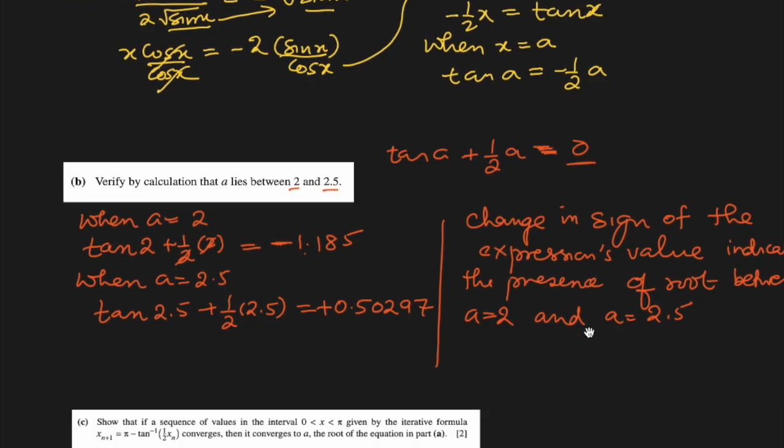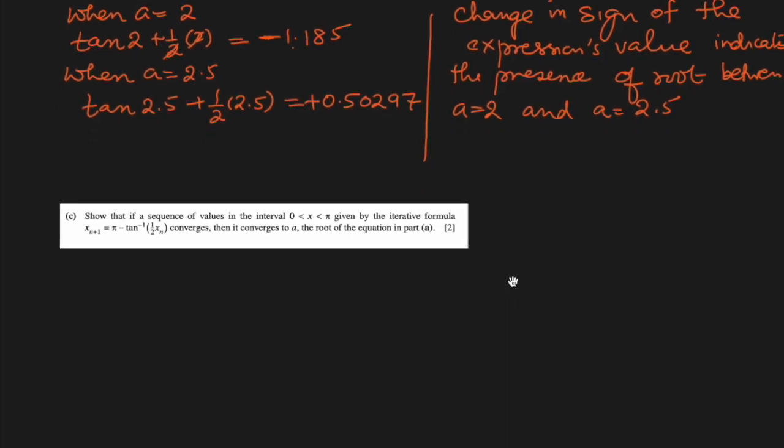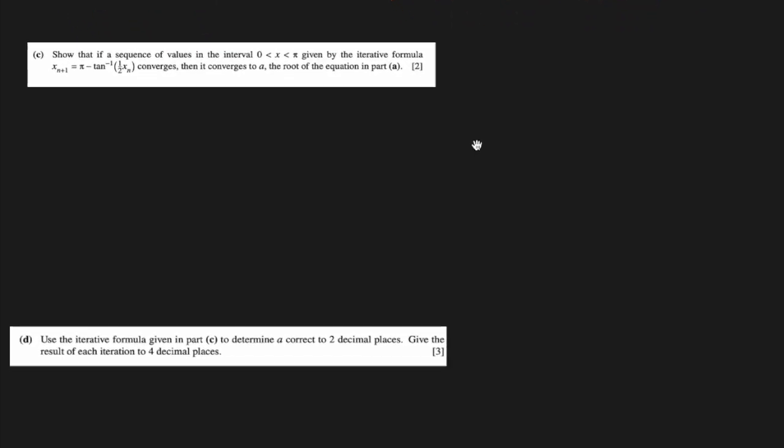What next? Show that if a sequence of values in the interval 0 to pi given by the iterative formula converges, then it converges to a, the root of the equation in part a. What they mean is that this iterative formula can result in the original equation they have given in part a.